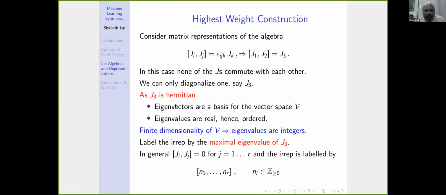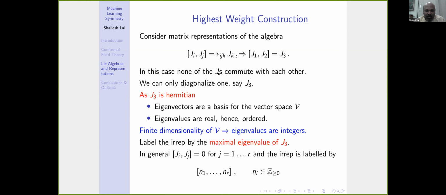So here's a way of building and characterizing these representations, which is called the highest weight construction. Let me give you an example of an algebra which is called A1, or SU(2), where the only non-trivial commutator is this and permutations of this.